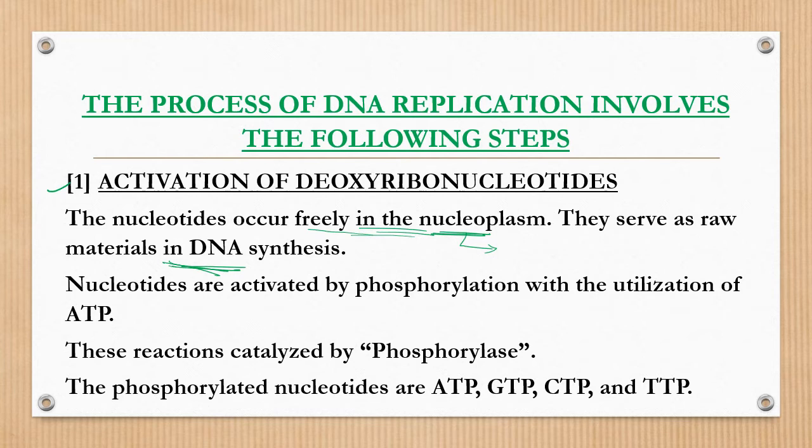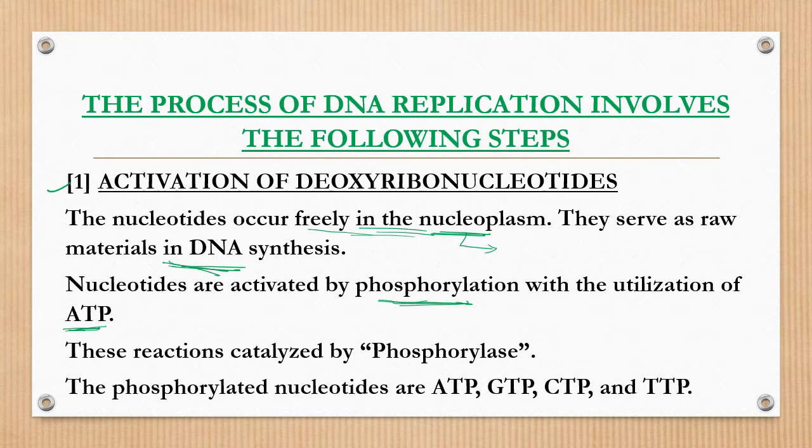Nucleotides are activated by phosphorylation, the addition of phosphate with the utilization of ATP. ATP has three phosphates. Please check the table of types of nucleotides given in the early videos.